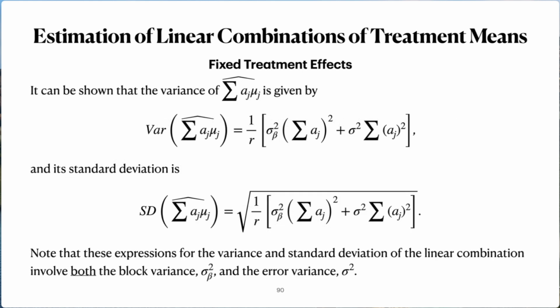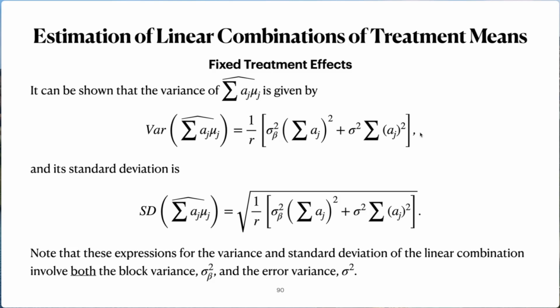And so it can be shown that the variance of this point estimator of the linear combination is given by this expression: 1 over the number of blocks, r, times this sum, which involves the variance of the block component, sigma squared sub beta, times the square of the sum of the a sub j's, and then to that we add the product of the error variance times the sum of the squared a sub j's.